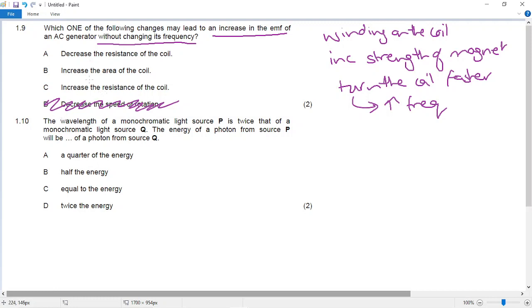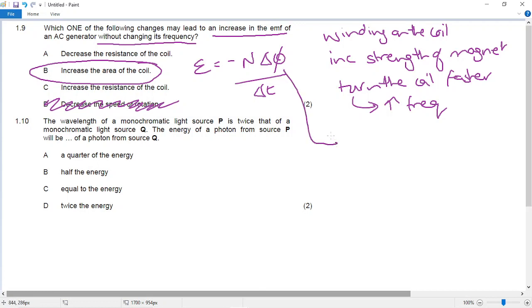So what can we do? We can increase the area of the coil, because why? How do we find magnetic flux? E equals minus N delta phi over delta T, from grade 11 when we do Faraday's law of electromagnetic induction.